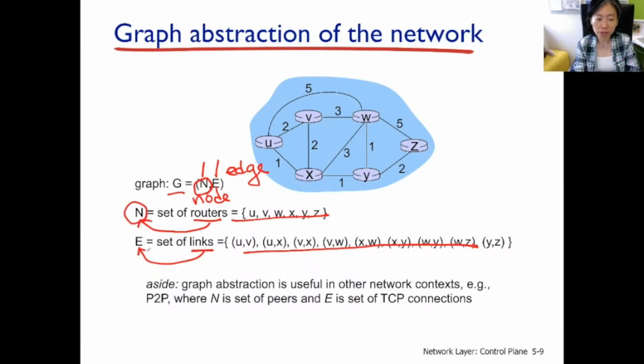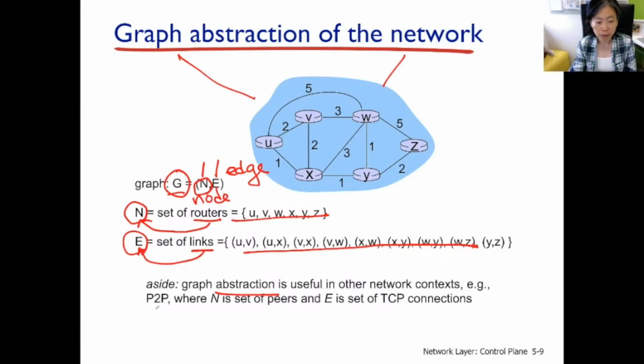With the set of nodes and the set of edges interconnecting the nodes, we have a graph. So a network is also a graph. And such an abstraction is really convenient later on when we introduce the algorithm. It could also be useful when we're talking about other kinds of networks.